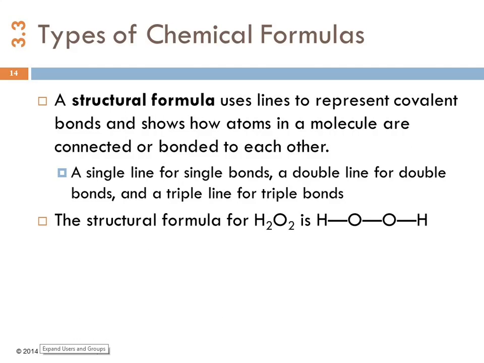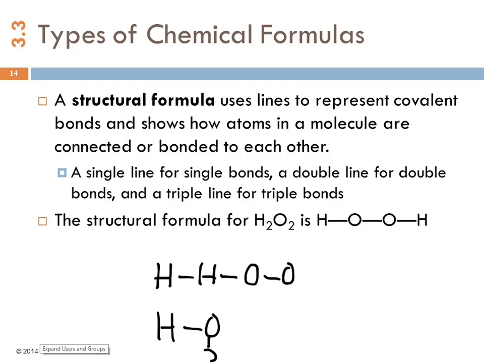The structural formula helps us to understand how the atoms are connected. So hydrogen peroxide is H2O2. The structural formula would be H-O-O-H. This shows us that these atoms are connected in a line. Because it might not be immediately obvious, well, why not like this?